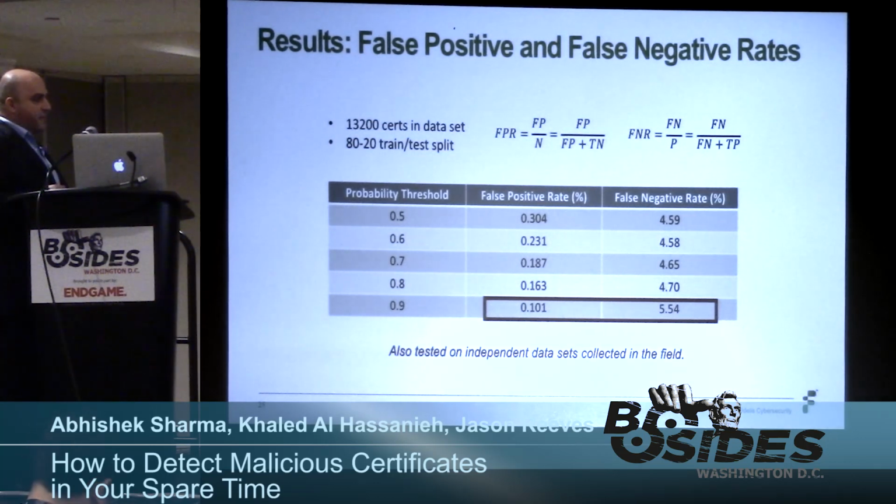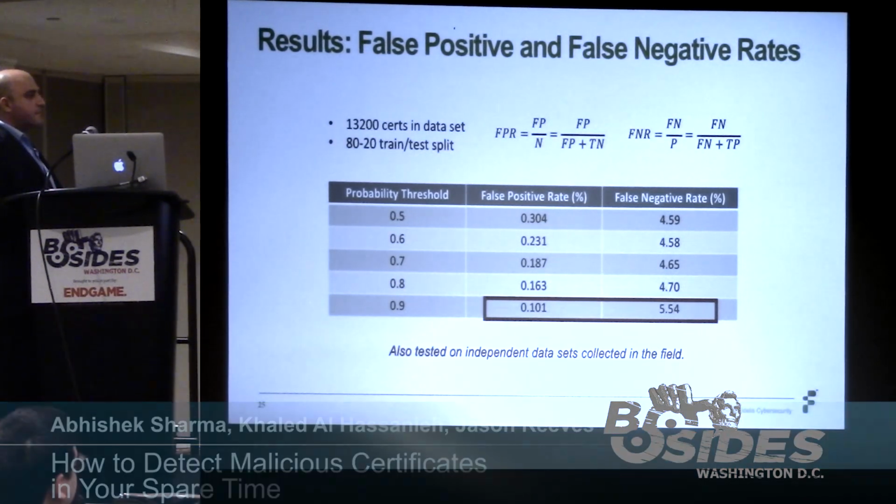As I mentioned before, it's very important that we test this on independent, real data we collect from the field. Make sure that these results are not just a property of the data set that we have, and the classifier works well in the field.